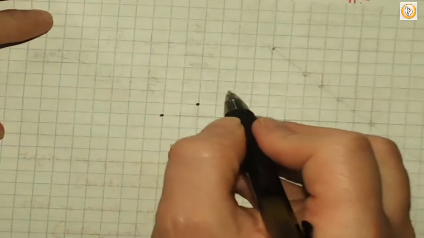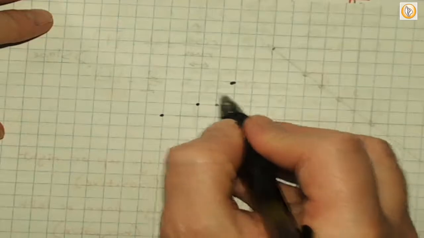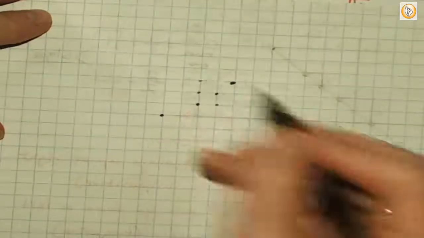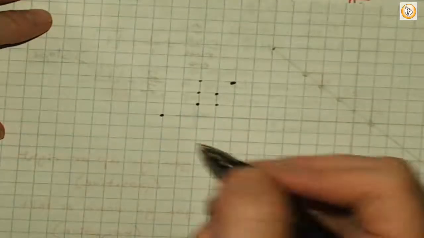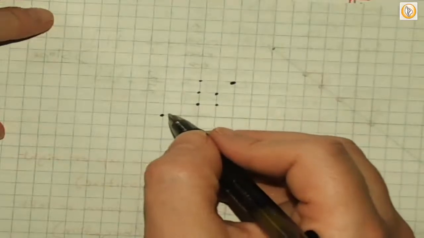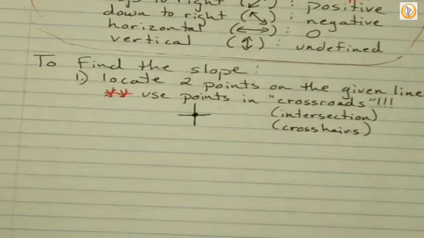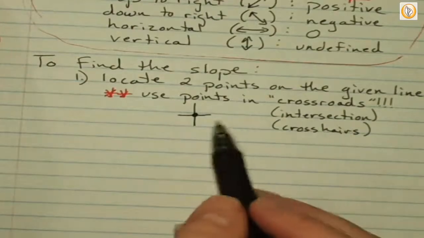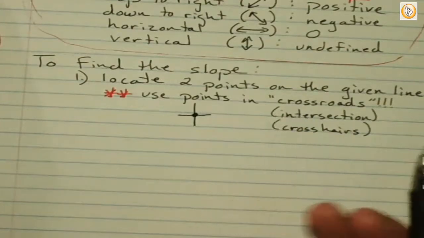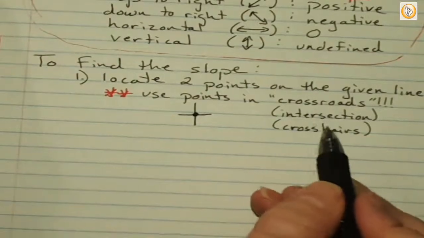Oh, we learned this last year. Okay. Anywhere you see the lines cross, those are your intersections. You're going to choose points that are on the intersection. Okay? All right, and now I'm going to show y'all, don't worry. So that's what this means. Find points that are on the line, which I'm going to show you, but make sure they're in the intersection.